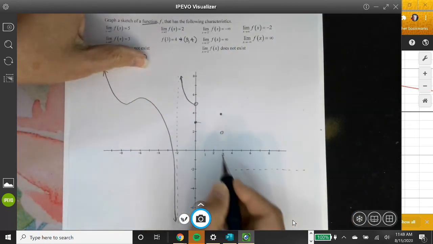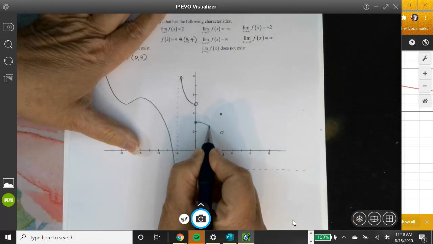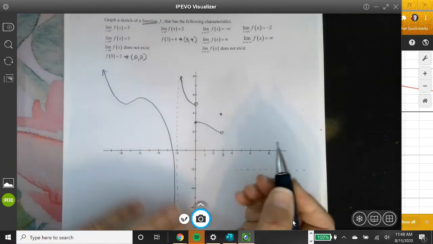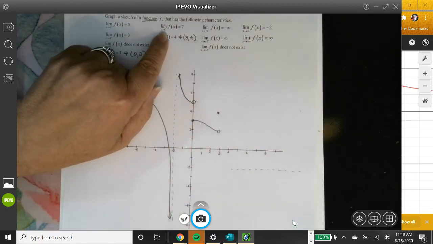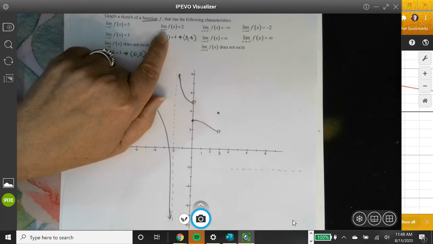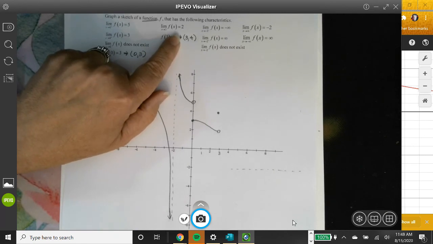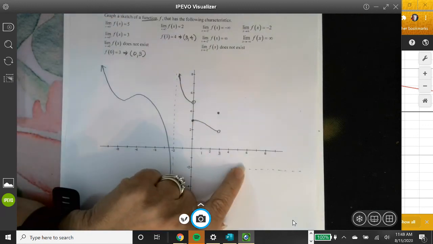So I'm just going to draw a function here that approaches 2. Now this limit doesn't distinguish a left and a right. So that means from both sides, it's 2. And then I have to approach this asymptote.